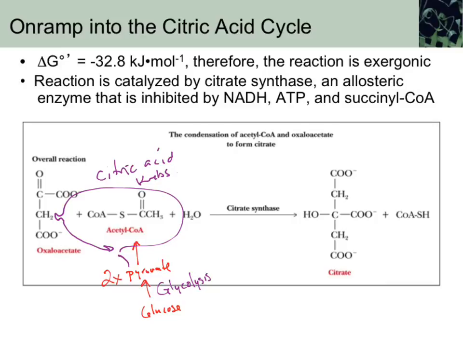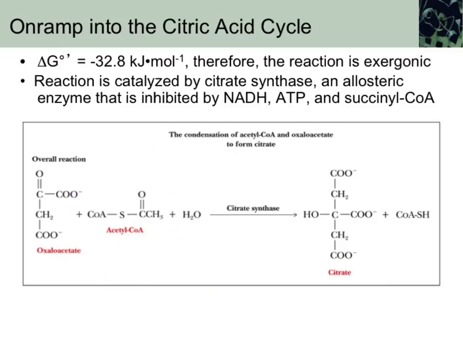Okay. So recognizing those pieces and kind of advancing them through. To do that reaction, okay, are we doing any oxidation or reduction? No. For citrate synthase? Okay, so we look at the structures, no oxidation or reduction, so we don't expect to see any electron carriers in there.